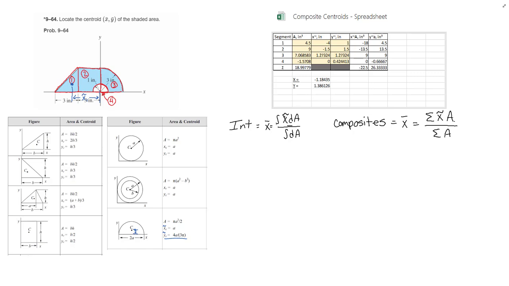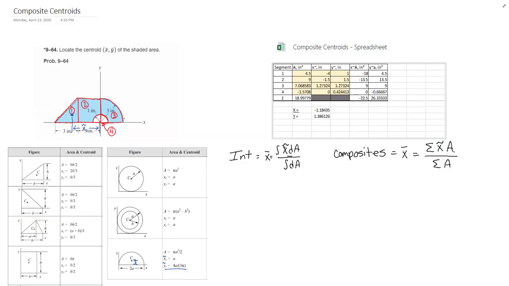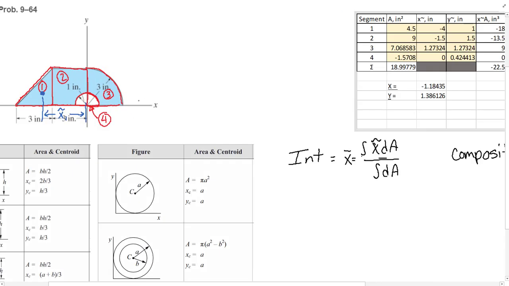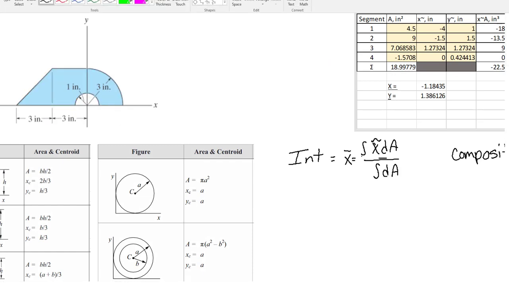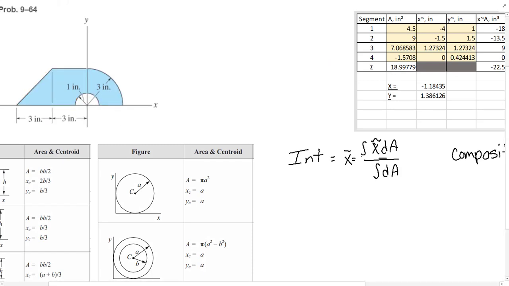And I want to zoom in here for a second. Our total centroid for the entire object is going to be just a little bit past this radius here, and up 1.38, so a little bit above it, but not quite halfway.